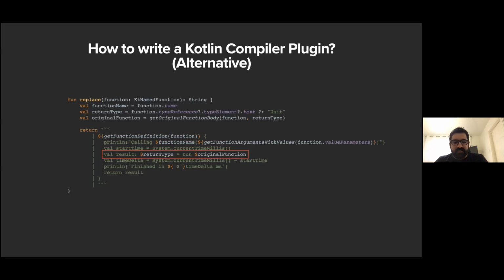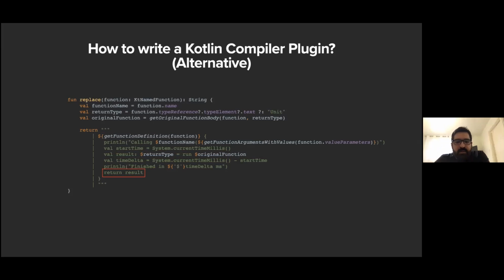Then we do everything else we need to do, and in the end, we make this modified function return what the original function was meant to be returning. To me, it looks way nicer than having to write the ASM instructions.